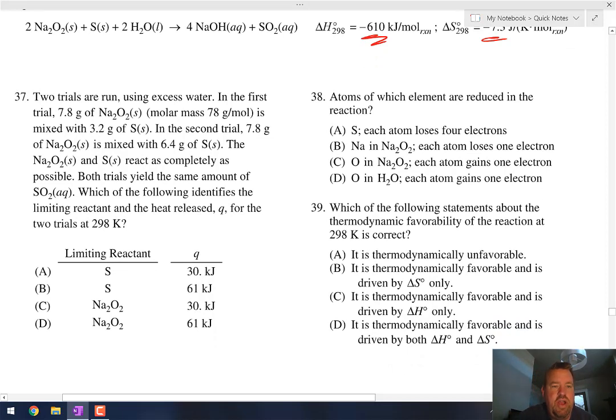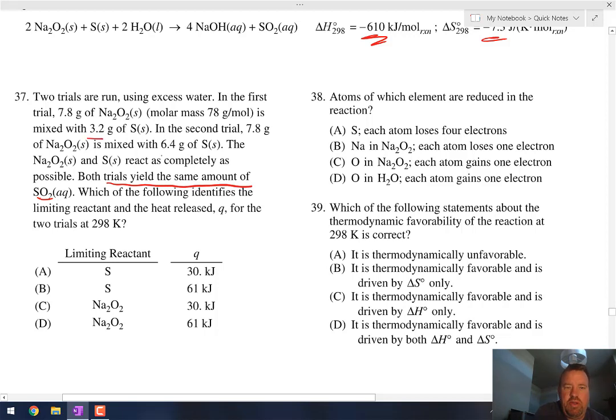In the first trial, you got 7.8 grams of the sodium peroxide, and you got 3.2 grams of sulfur. In the second trial, you get 7.8 grams of sodium peroxide and then 6.4 grams of sulfur. So you're doubling the amount of sulfur that you used in the first trial. Both of them react as quickly as possible. Both trials yield the same amount of SO2.